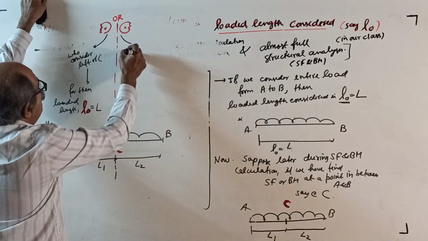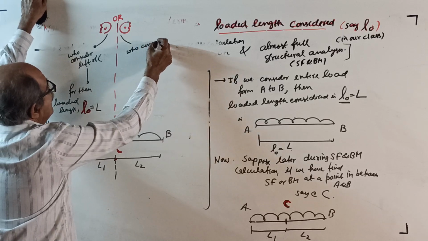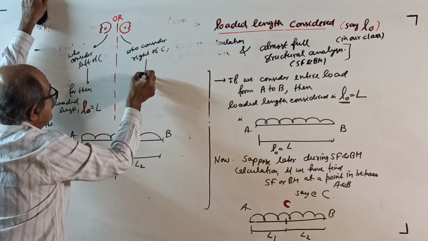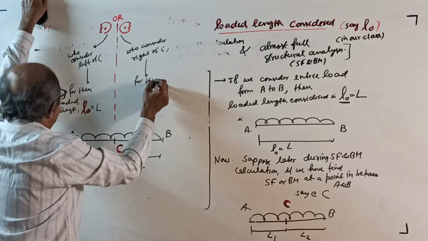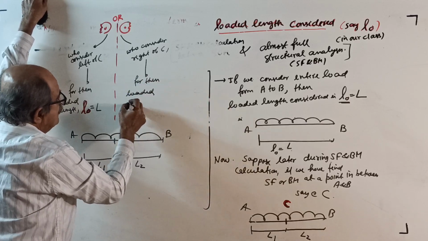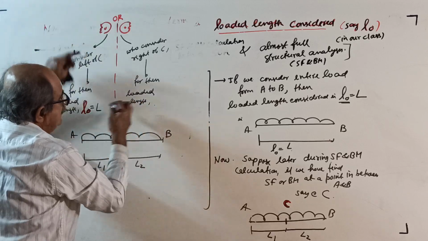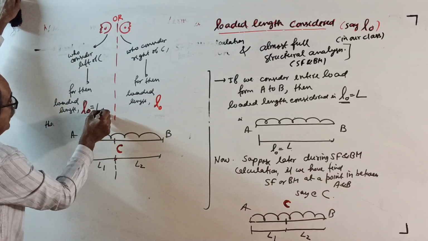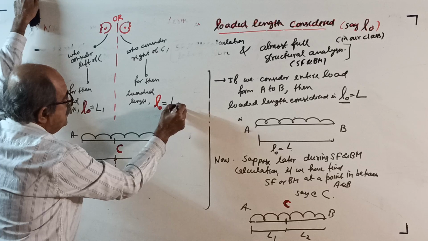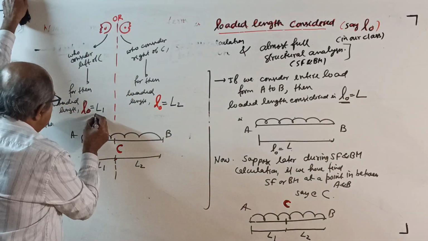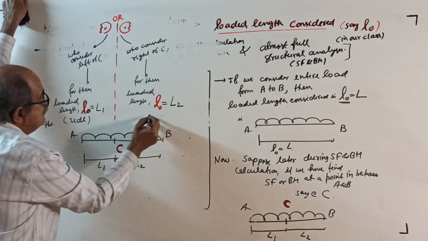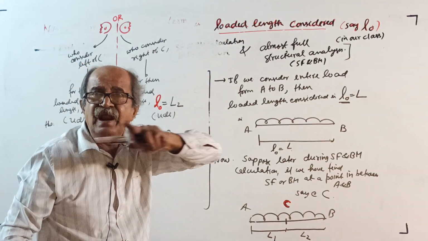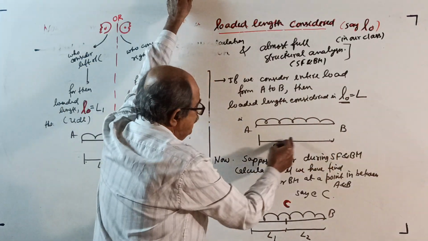And those who consider the right of C, for them the loaded length L0 equals L2. But remember, this also is UDL. If you consider the entire loading, your loaded length considered is L.